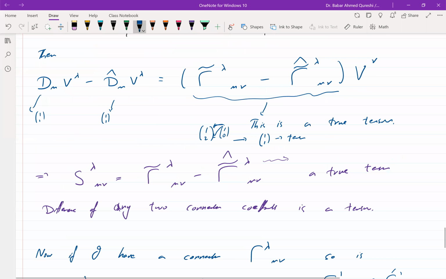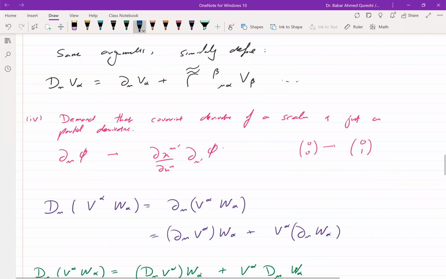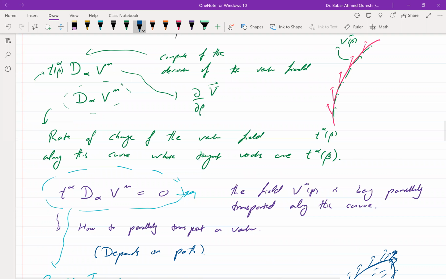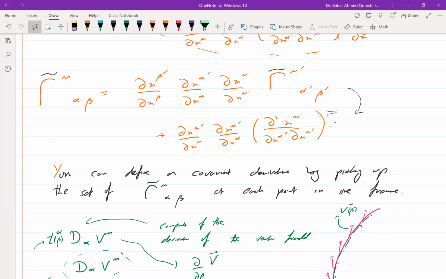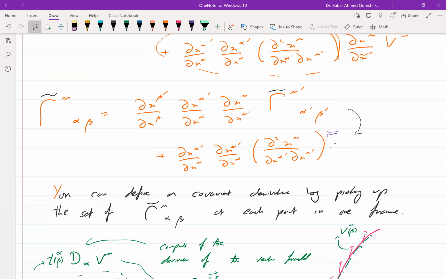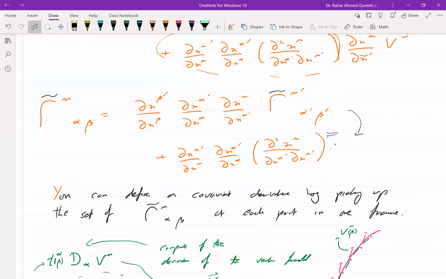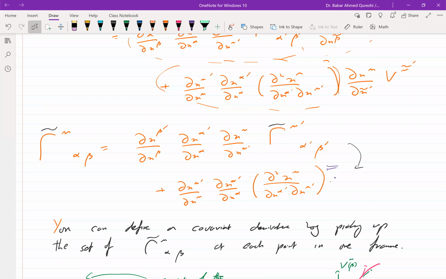Why does it transform properly? We can go back up. This transformation law is not written very properly because I had to have another one over here.